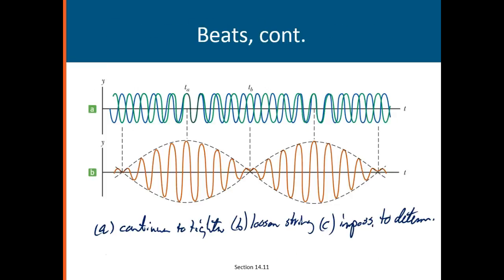So let me go over the given again. You notice a beat frequency of 5 hertz when both sounds are present. As you tighten the guitar string, the beat frequency rises steadily to 8 hertz. Okay? It started off at 5.